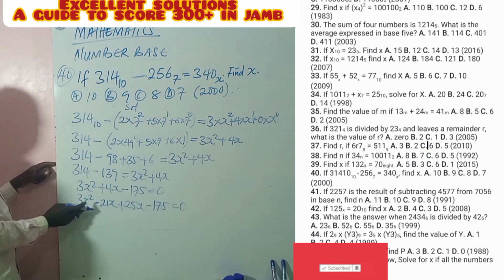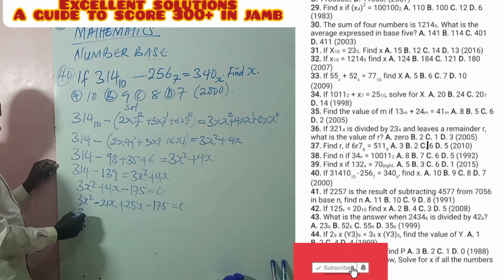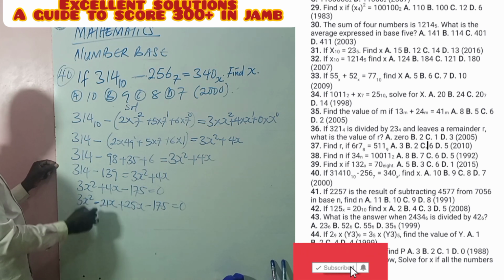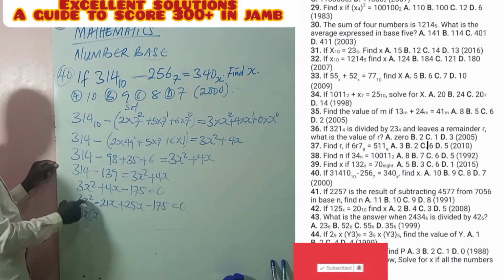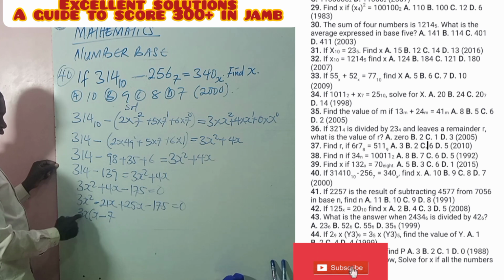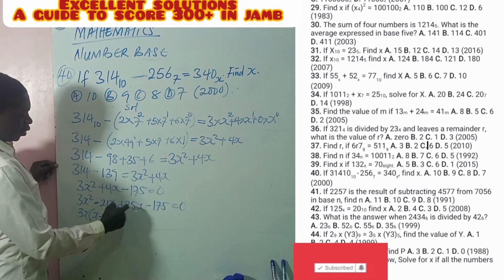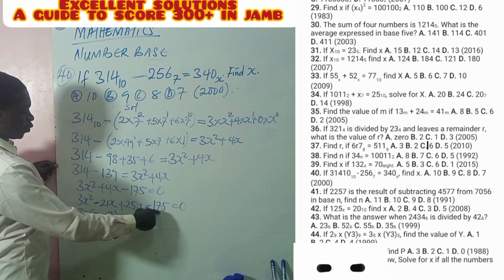So here we have a common factor, which is 3x. So this can now be 3x bracket open x. 3x times x we have 3x squared, then minus 7, 3x times 7 we have minus 21x. Then we can say plus, here we can have a factor of 25.